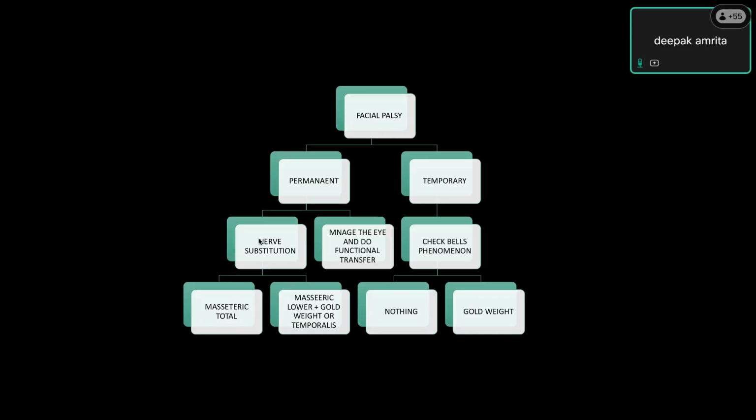So if you have facial palsy which is permanent, then you think of nerve substitution, manage the eye separately and do a functional nerve transfer. Nerve substitution can be the masseteric nerve, and you can combine the masseteric nerve with gold weight or temporalis for the eye. If it is temporary, if the Bell's phenomenon is adequate, do nothing or add a gold weight.